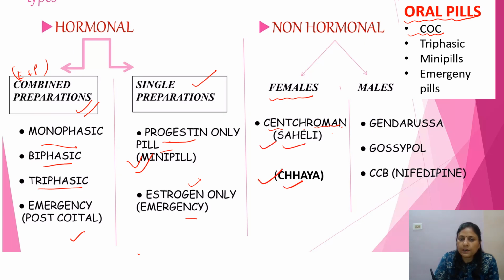These are the two non-hormonal oral contraceptive pills which contain centchroman. In males there are Gendarussa, Gossypol, CCB, and Nifedipine. These are the latest advancements in non-hormonal contraceptive pills for males.